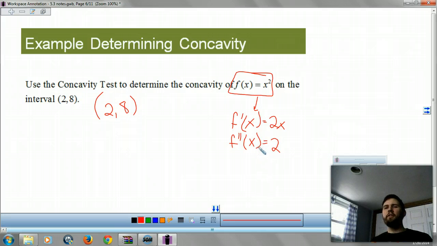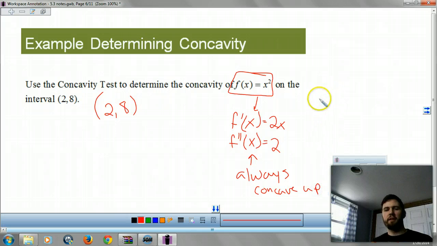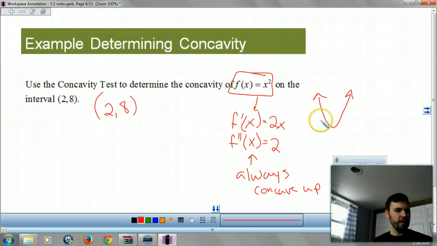Is there ever going to be a time where this is negative? No. So this is always concave up, which makes sense because the function looks like this. And a bear can live in there.